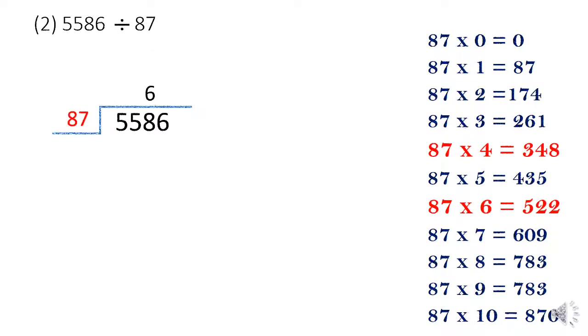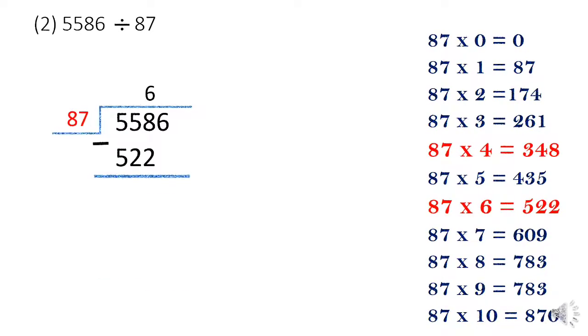Now step number 3 is to multiply 87 by 6. It comes to 522. So write 522 under 558. Now step number 4 is to subtract 522 from 558.